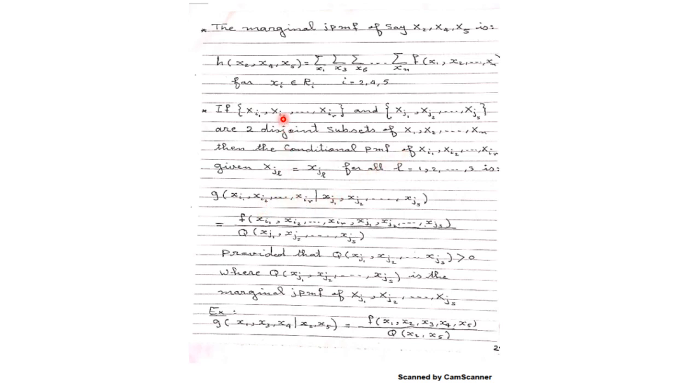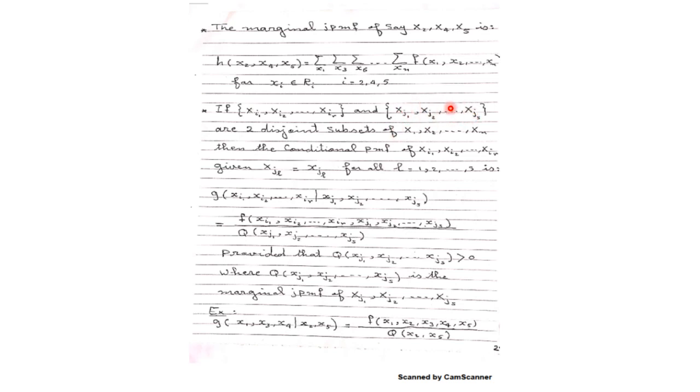So this conditional will be the joint of all of them, this and this. Here it is. F, xi1, xi2, up to xir, xj1, xj2 up to xjs. The joint of all the variables. And then we divide by what? We divide by the joint probability mass function of the variables you are conditioning on.